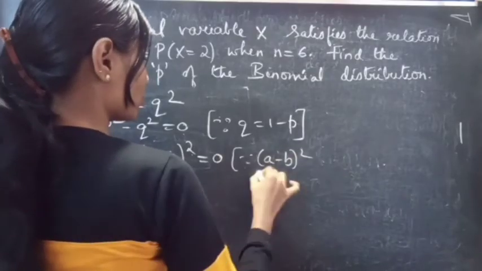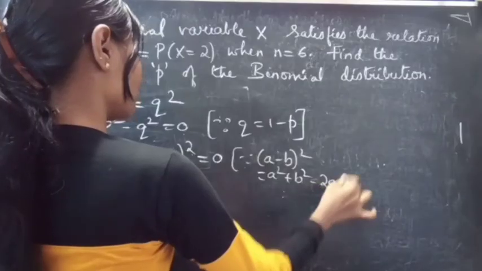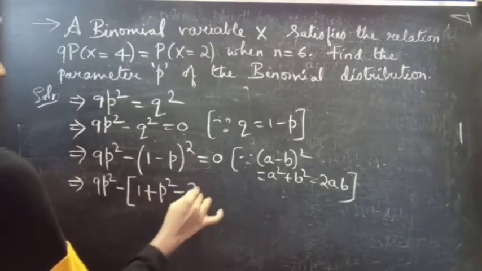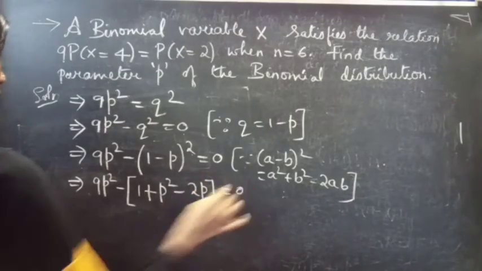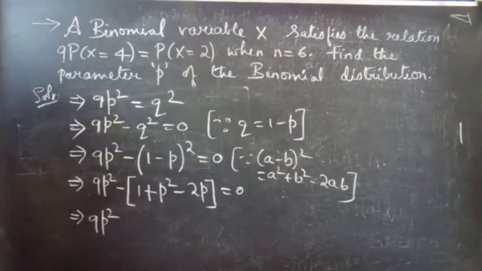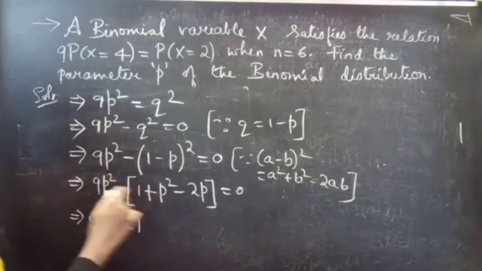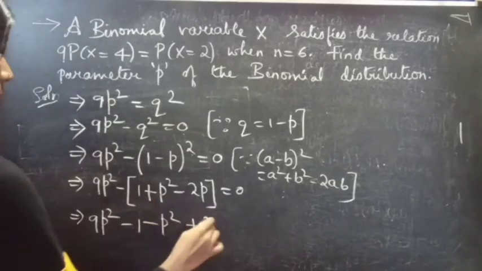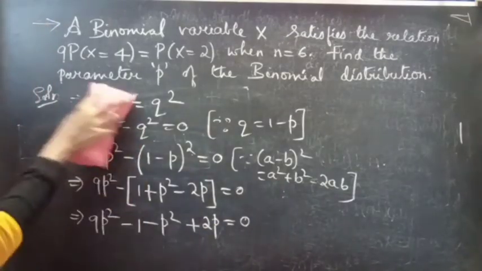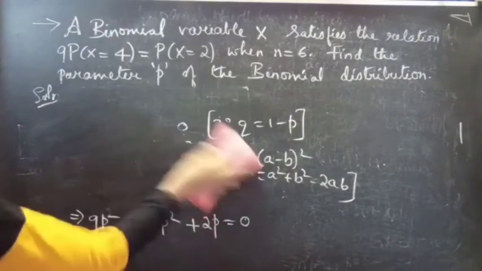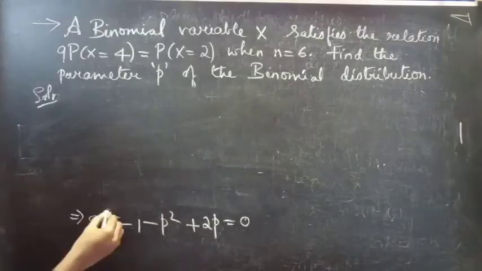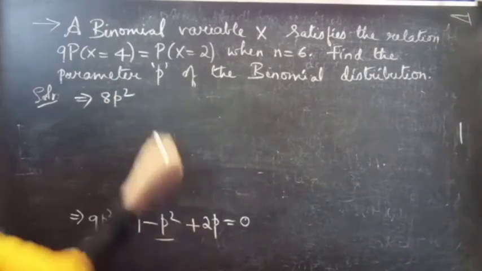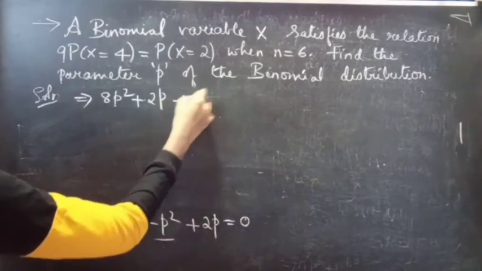Since a minus b whole square equals a square plus b square minus 2ab, you'll get 9p square minus (1 plus p square minus 2p) equals 0. So 9p square minus p square is 8p square, plus 2p minus 1 equals 0.